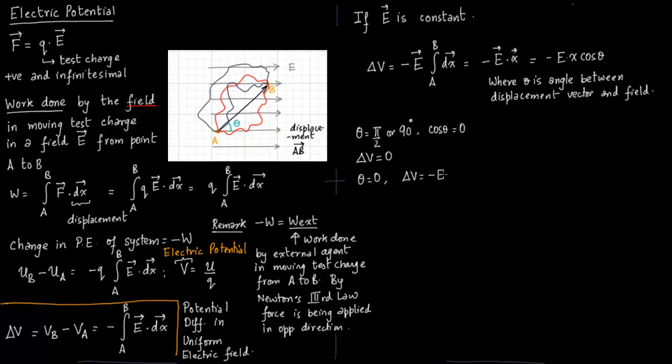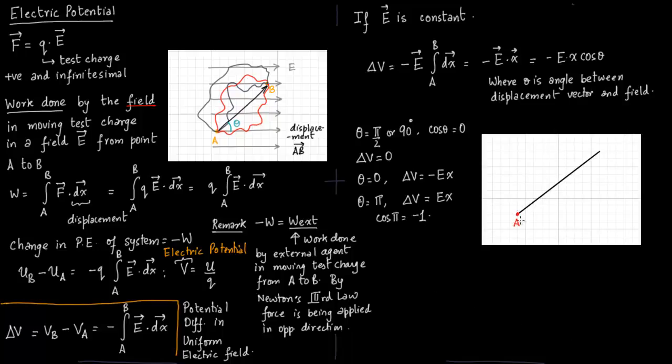In that case, delta V would be minus E times X. When theta is 180 degrees, or theta is equal to pi, then cos theta is minus 1, and in that case delta V is just E times X, since cos of pi is minus 1.